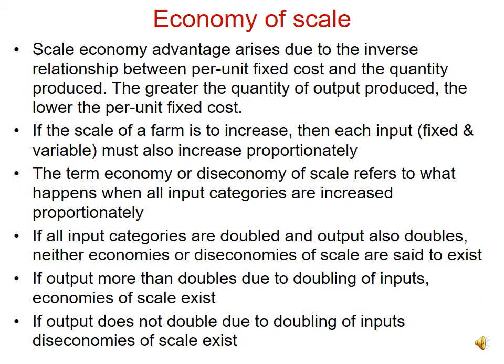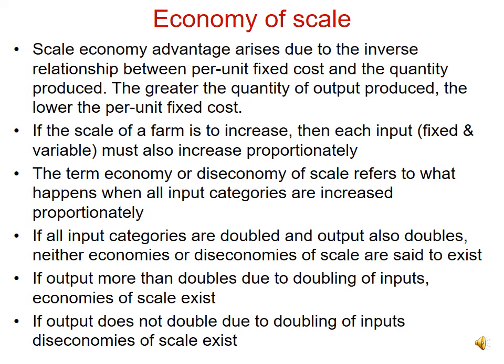So, as I said earlier, the scale economy advantages arise due to the inverse relationship between per unit fixed cost and the quantity produced. Once the scale or the size of the operation has been increased, or all the input variables have been increased, including fixed and variable inputs, and after that when production begins, then if the quantity of output increases, the per unit fixed cost will get reduced, because the fixed costs are the costs which are related to the fixed inputs.